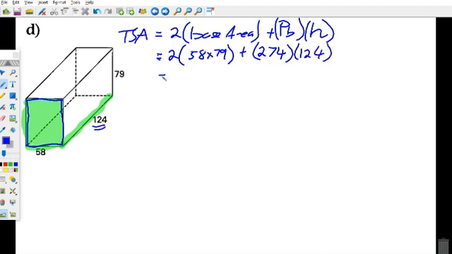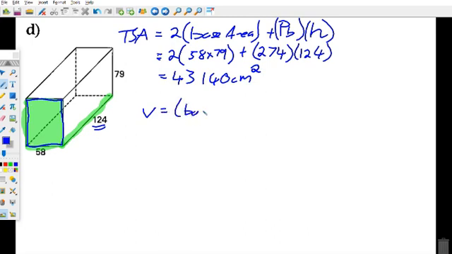I'm going to plug that in, and we're going to get multiplied by 1, 2, 4. There, 2. We're going to have 43,140 centimeters squared.